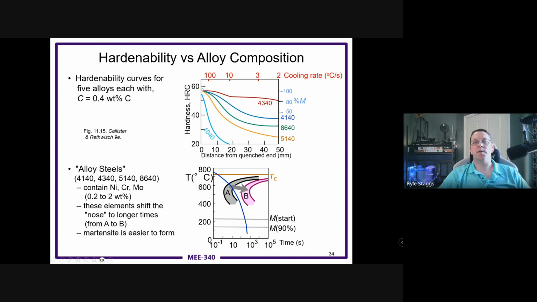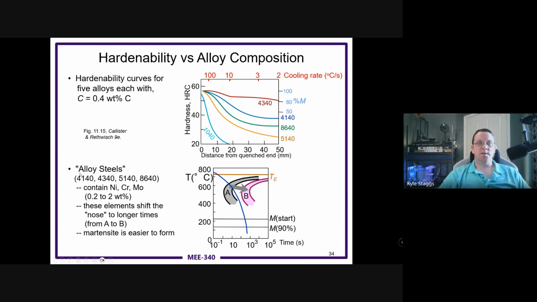So very high cooling rate down low, very low cooling rate toward the top. And so that 1040 has a dramatic change, and that's why we're using a sample more like that, if I remember correctly. So 4140 has a much less change because it has a higher native hardness. It has the same carbon content, but some of the other components improve the hardness significantly.